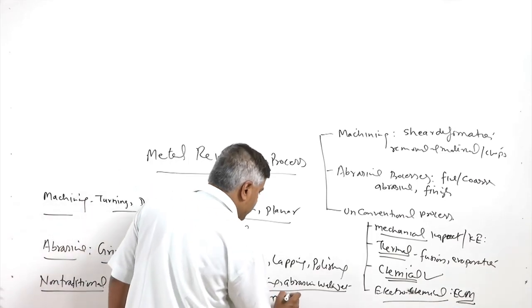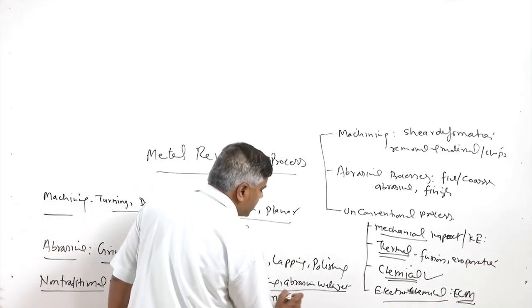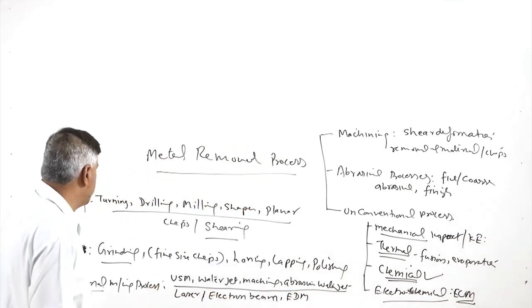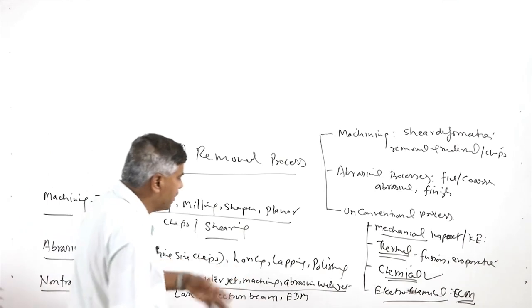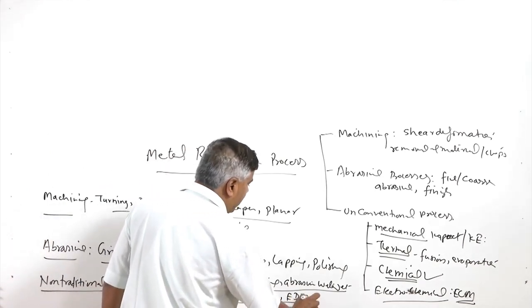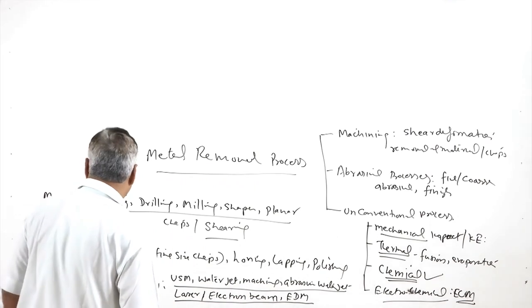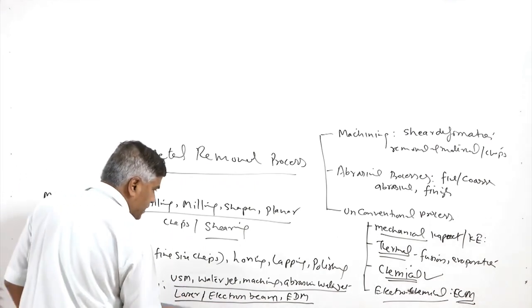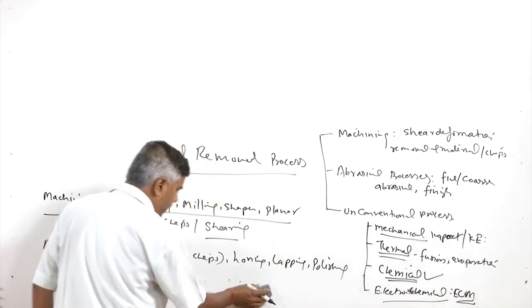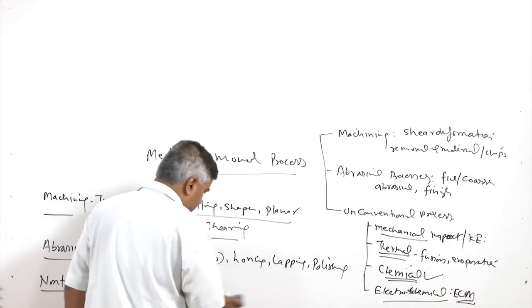Electric discharge machining, commonly known as EDM, is another process, which also uses thermal energy for removal of the material. So, laser, electron beam and electric discharge machining are some of the processes which use mechanical energy and thermal energy.